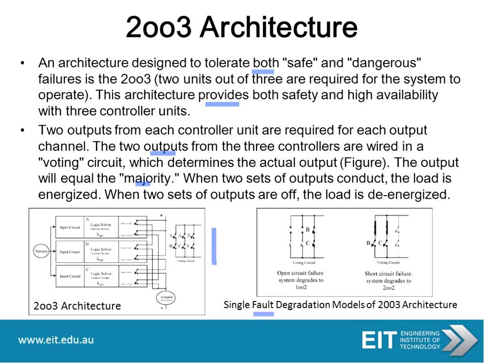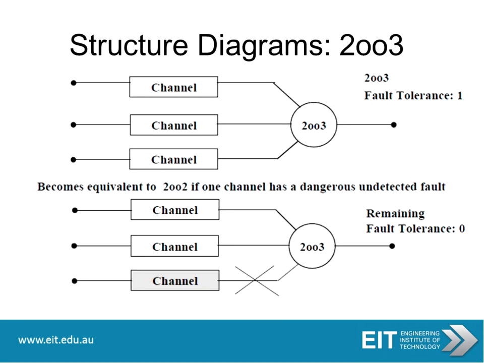Now, a single fault can degrade the 2oo3 architecture. If we have open circuit failures, the system degrades to 1oo2, because only one channel will then operate correctly. Or where you have short circuit failures, that degrades to a 2oo2 system.